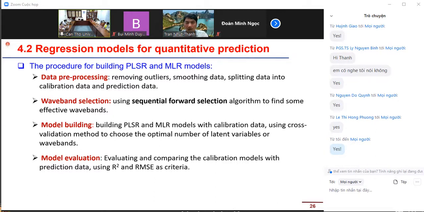And for model building, PLSR and MLR were used for calibration data, using cross-validation methods to choose the optimal number of latent variables or wavebands. And finally, the performance of regression models was evaluated and compared by coefficient of determination and root mean square error.